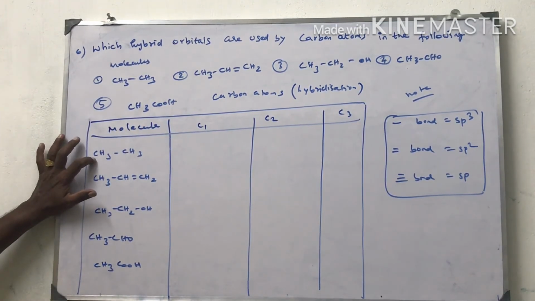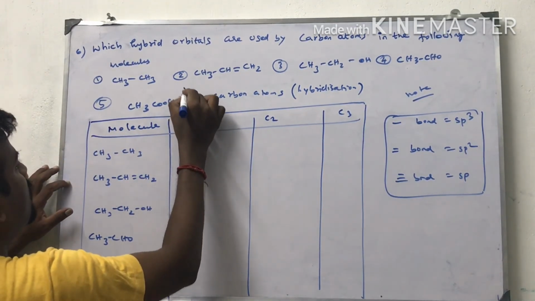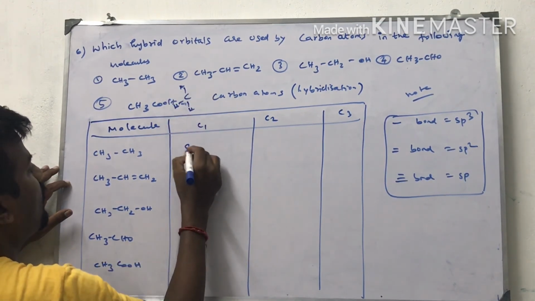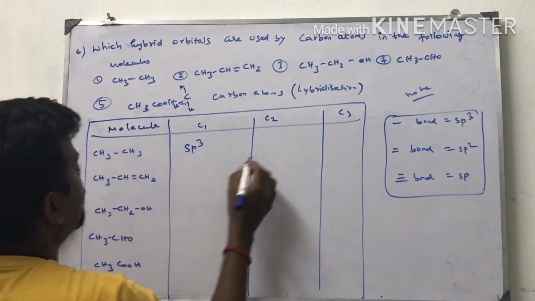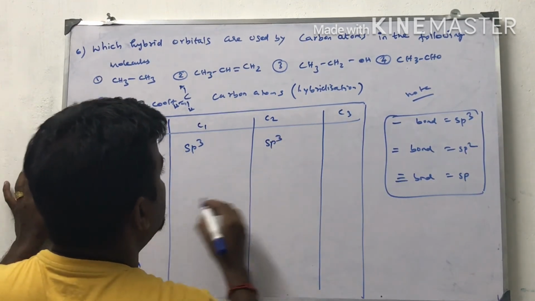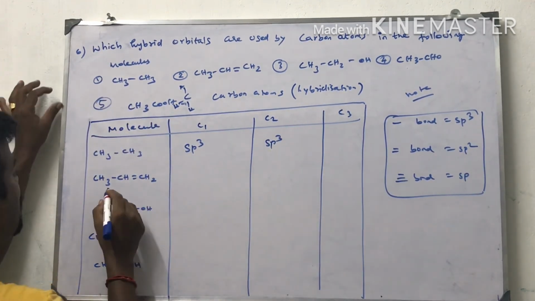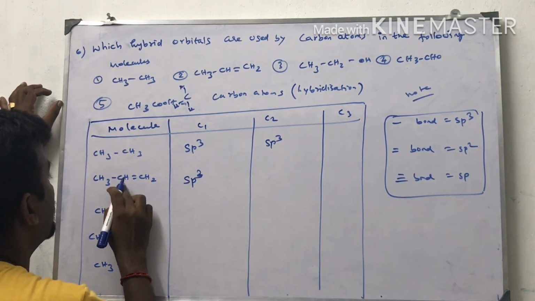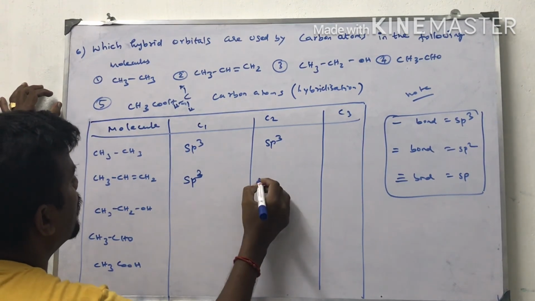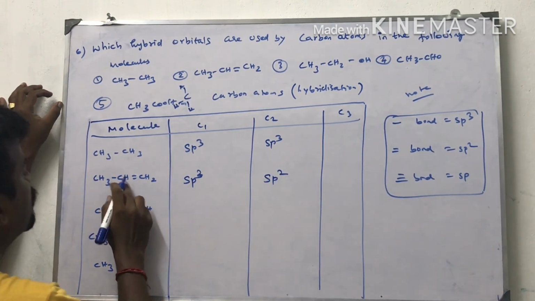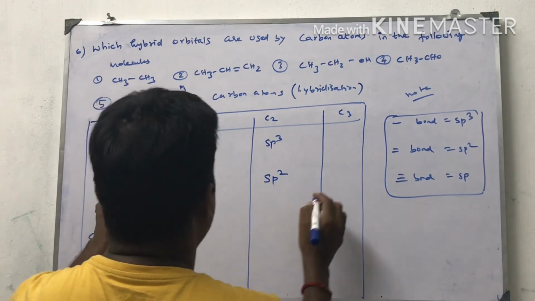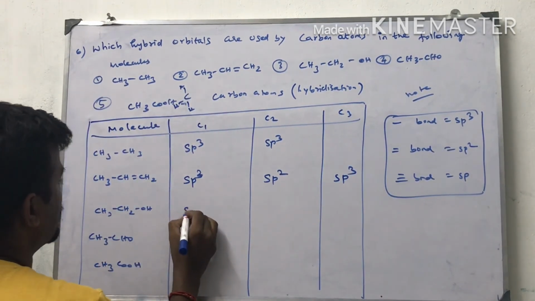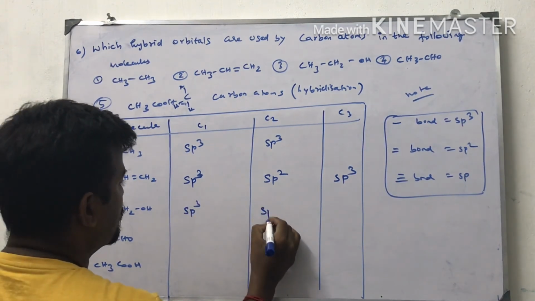In ethane, all carbons are surrounded by single bonds only, therefore sp3. In propene, the first carbon is sp3, but the carbon surrounded by a double bond is sp2. Then the next carbon, surrounded by a single bond, is sp3.